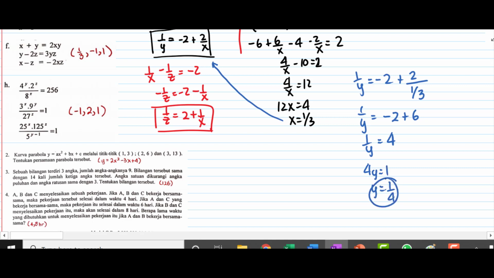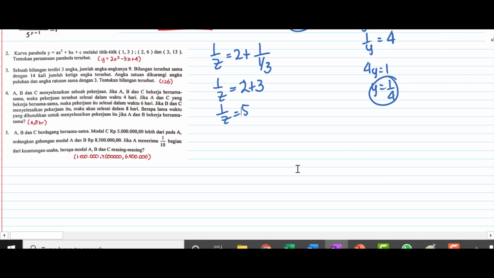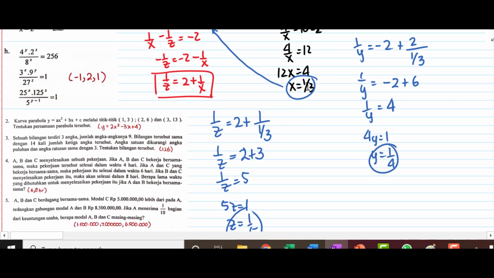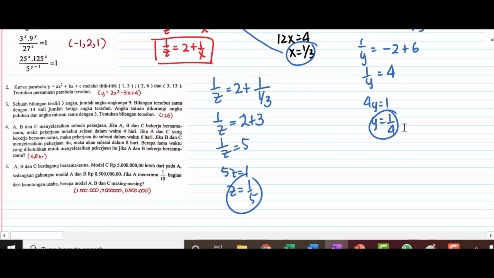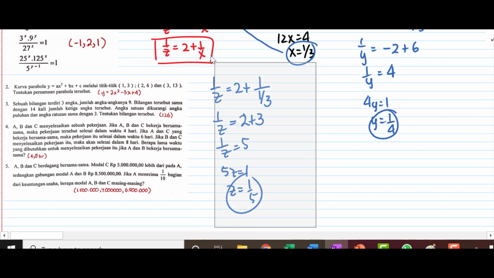There you go. We have x and y, and then find z. 1 over z equals 2 plus 1 over x. x is 1 over 3. 1 over z equals 2 plus 3. 1 over z equals 5. Next, 5z equals 1. z equals 1 over 5. There you go. So x is 1 over 3, y equals 1 over 4, z equals 1 over 5.